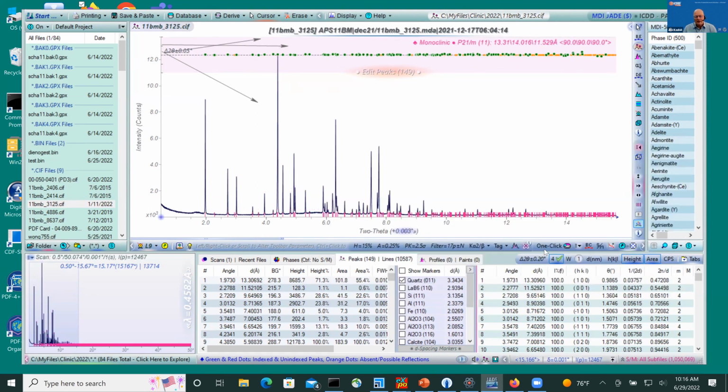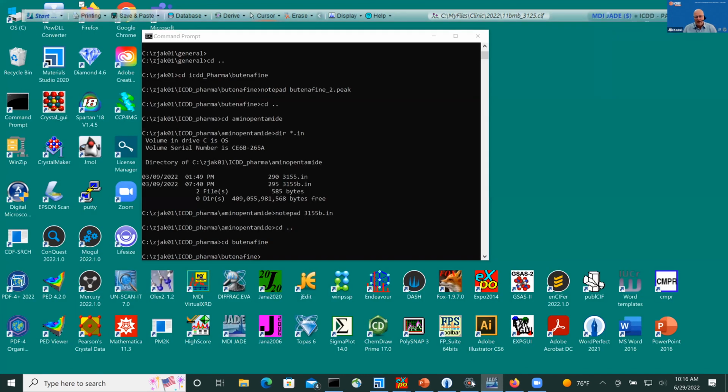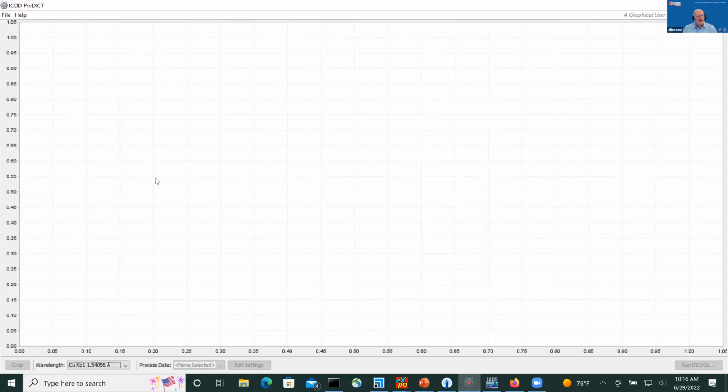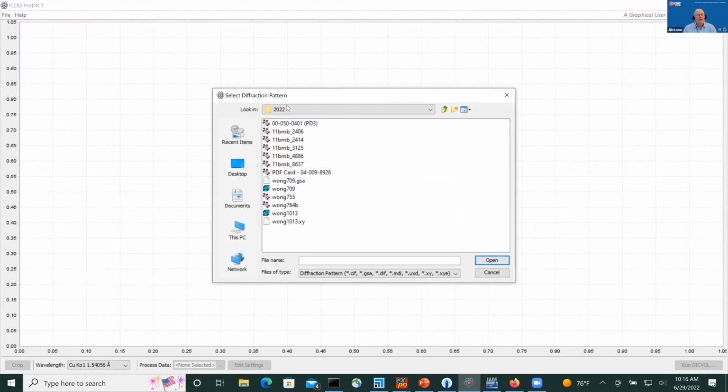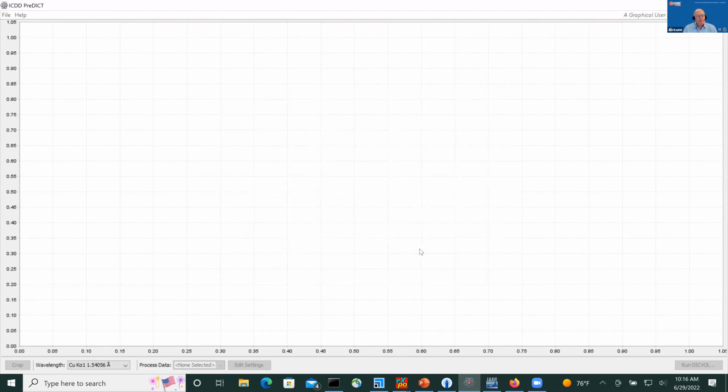I want to switch over for a second to the Predict interface from ICDD. This is one that ICDD has written to be a graphical interface to the Dicvol indexing program, so a different algorithm. I want to import the same diffraction file, which I know is this one.